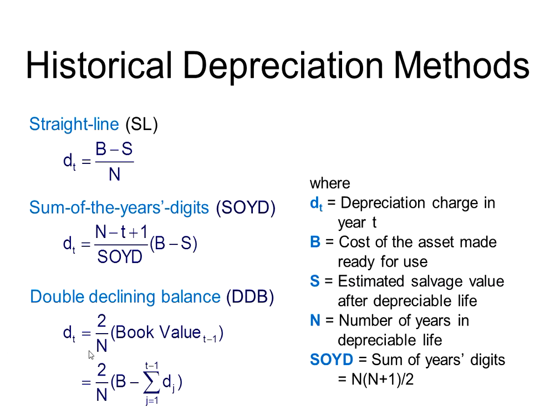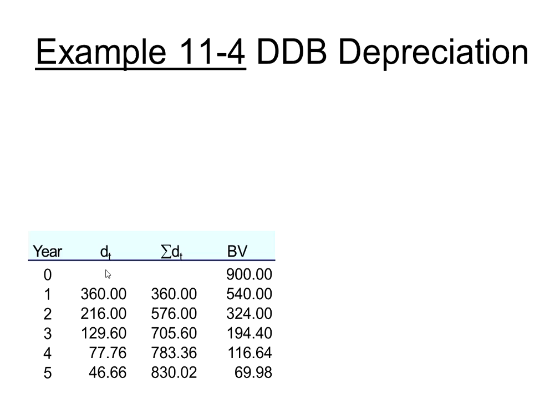Alright, so let's use this formula in our example. So here you see we have the book value in the year 0 is 900. So 2 over n is 2 divided by 5, because n is 5. And so we have 2 over 5 multiplied by 900.